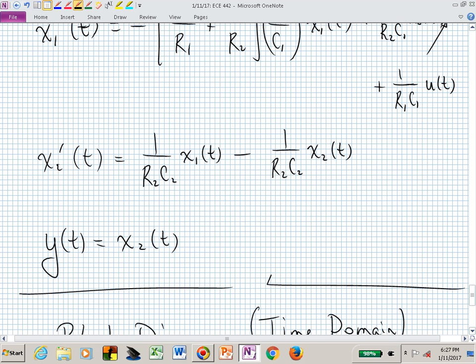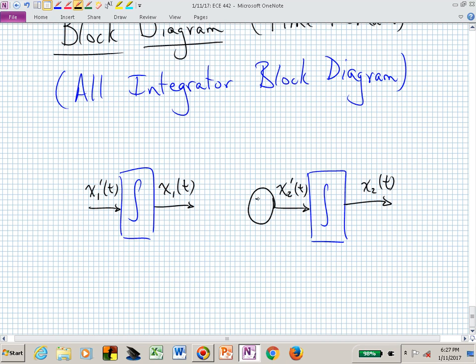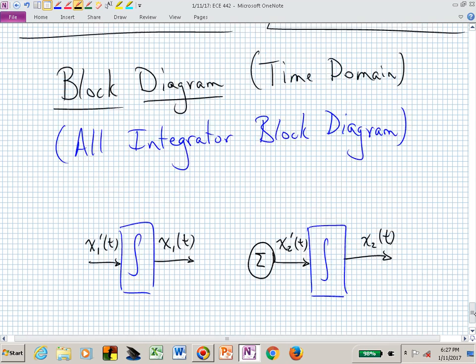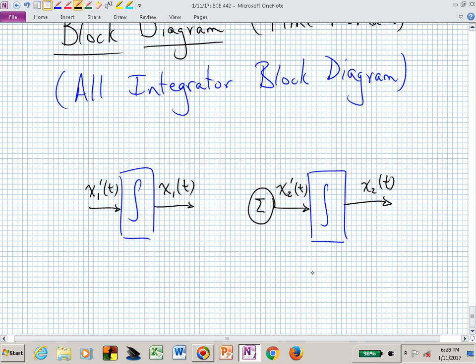is actually created from this combination of R's and C's with x1 and x sub 2. Meaning, x sub 2 prime is going to be the sum of 2 different terms. It's going to be x sub 2 scaled by a minus 1 over R sub 2 C sub 2, there's x sub 2. That's one of my inputs that makes up the output, x sub 2 prime, from that summing junction.